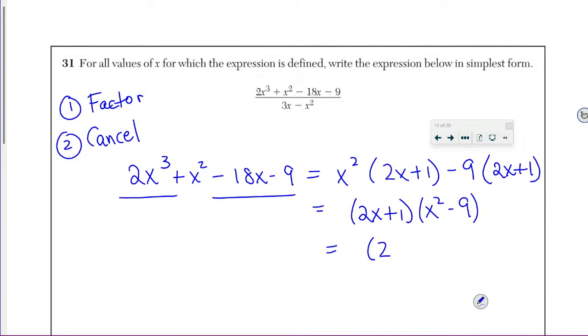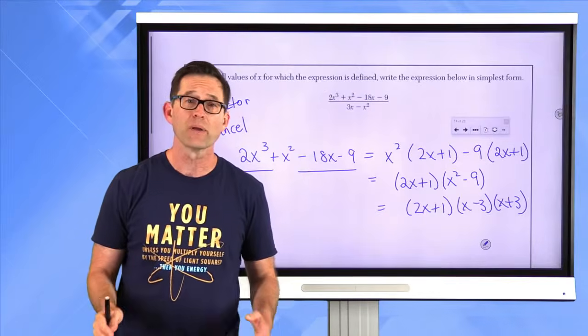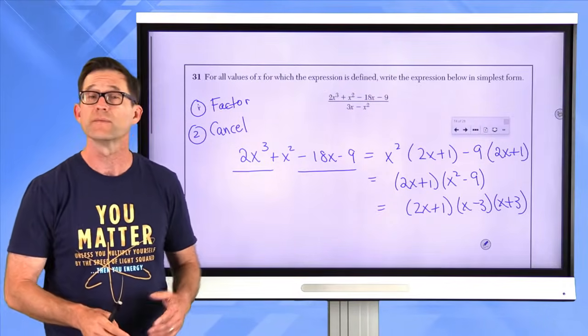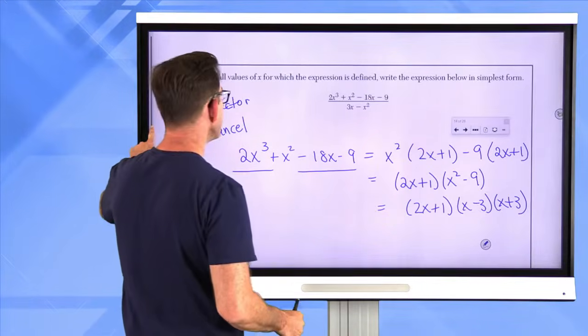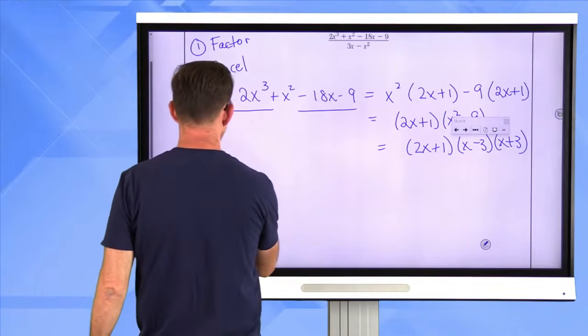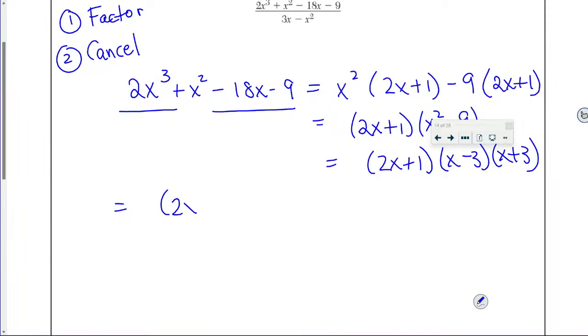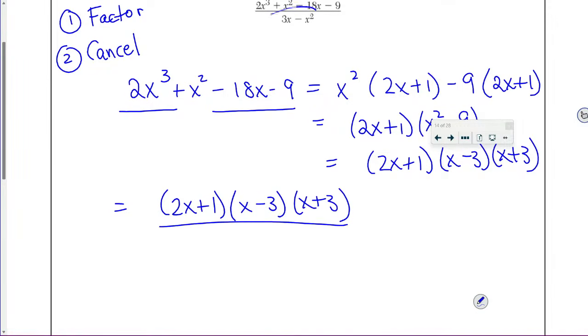And that's going to be 2x plus 1 times x minus 3 times x plus 3. So that's the numerator. Just a little factoring by grouping, pretty straightforward, right? It's pretty much the only new factoring technique you learned in this course. So I'm going to make the numerator into 2x plus 1 times x minus 3 times x plus 3. Now the denominator, 3x minus x squared, can be factored as x times 3 minus x.